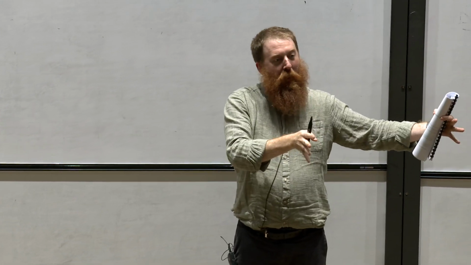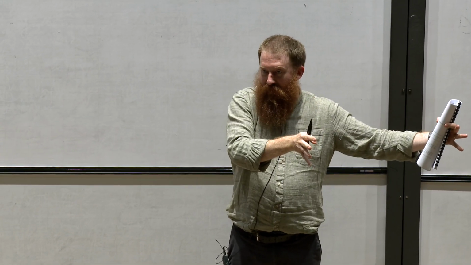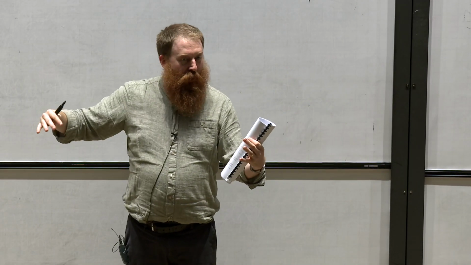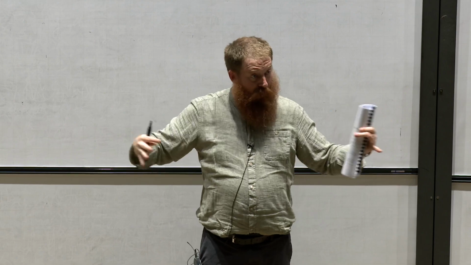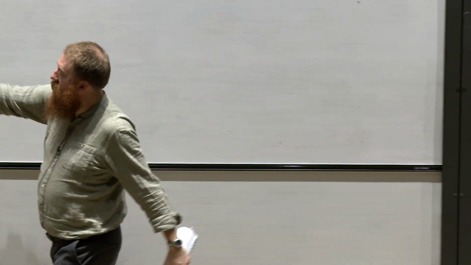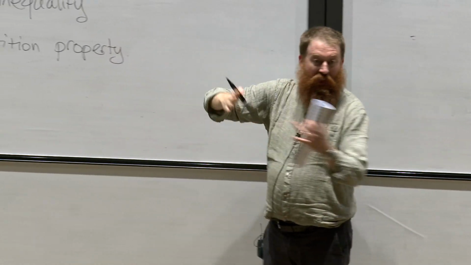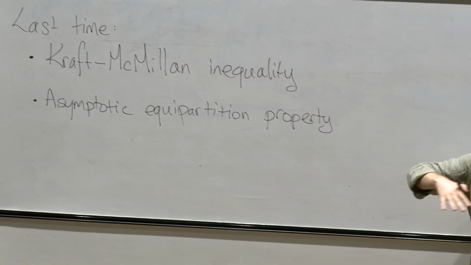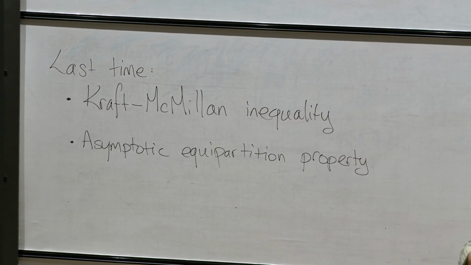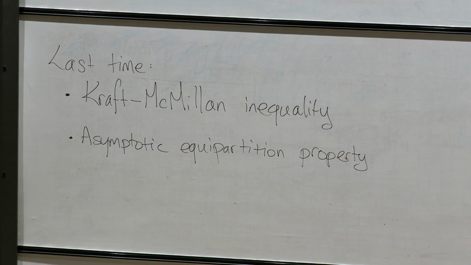They're about the same probability for every typical sequence. And then there are other sequences which occur with low probability. This holds in the limit, but we get this tolerance statement about typical sequences up to some error level.